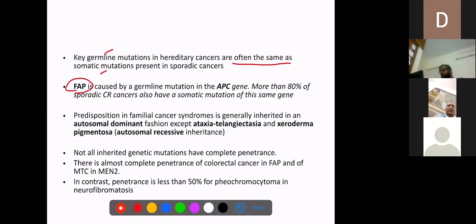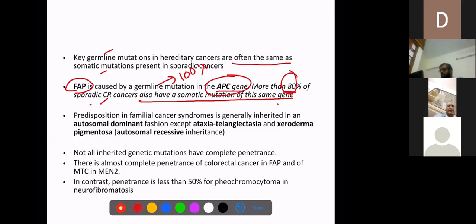More than 80% of sporadic colorectal cancers also have a somatic mutation of the same gene. But in a hereditary cancer syndrome with a germline mutation, it is 100%. A person with a hereditary cancer syndrome will have that mutation 100% of the time. Then only we can call it hereditary.